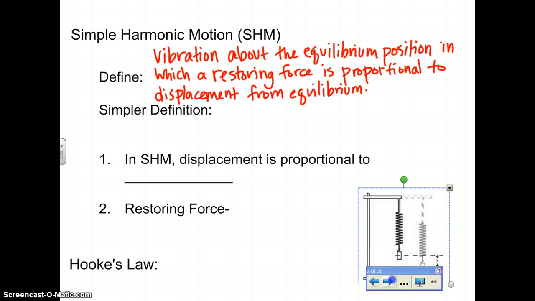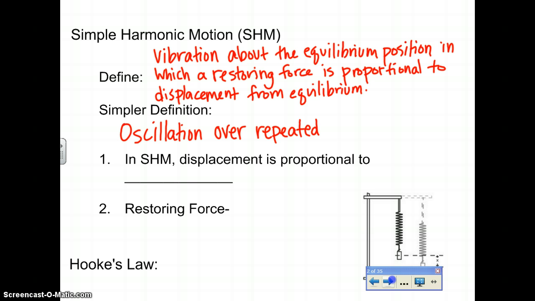Simpler definition, we're going to start using some physics words now: oscillation over a repeated path. So layman's terms of that is back and forth motion.